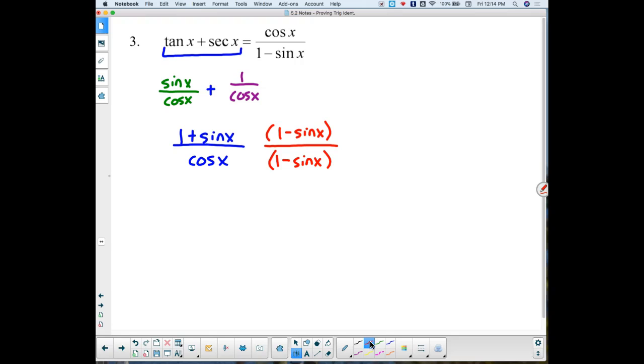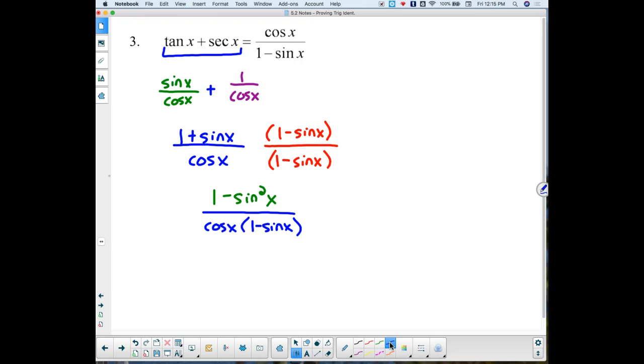On top, I get 1 plus sine times 1 minus sine, which is 1 minus sine squared of x. On the bottom, I get cosine of x times 1 minus sine of x. What can I do with the top?